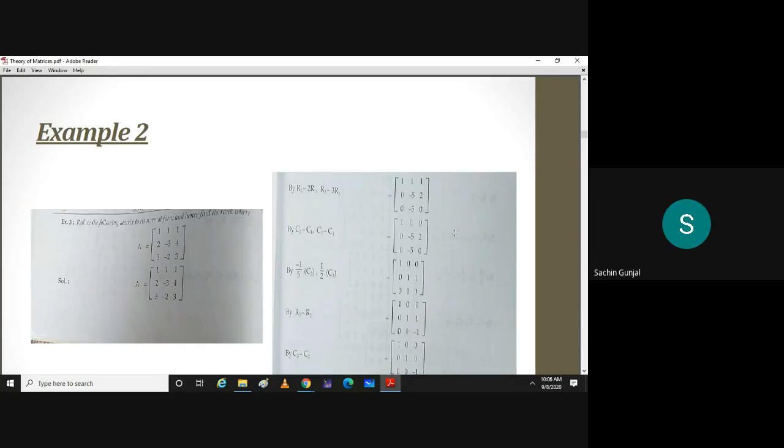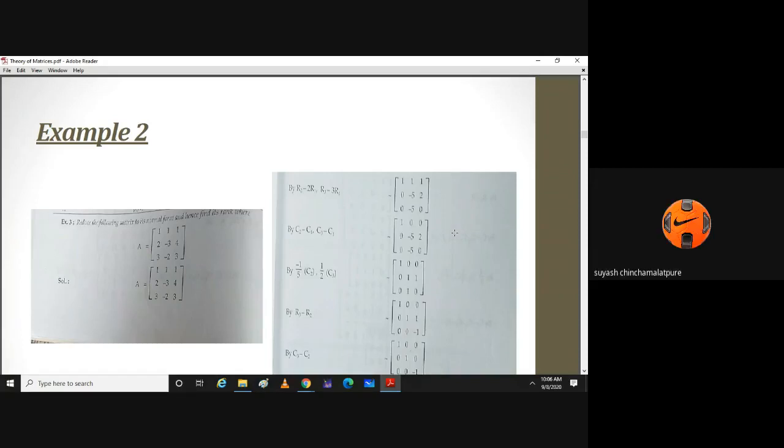You want to make that -5 into 1, so I will divide the second column by -5. I am not doing scalar multiplication to the whole matrix; I am doing scalar multiplication to a row or column. Okay, understood.